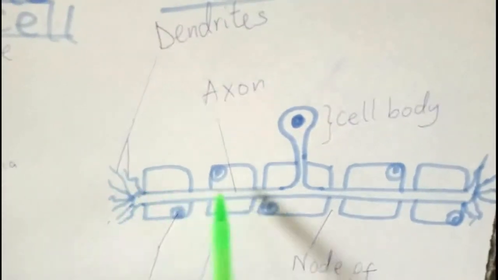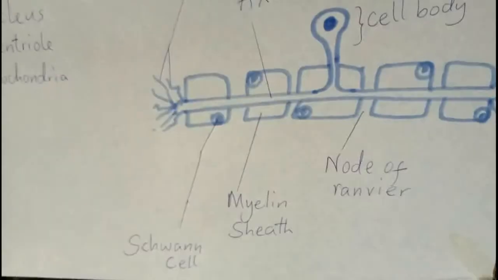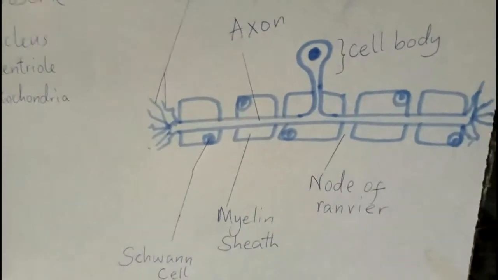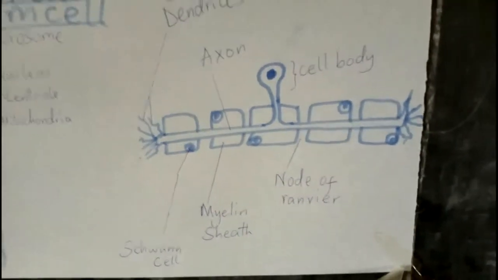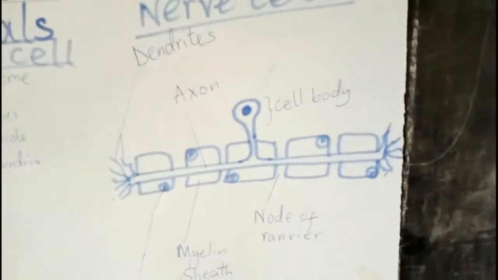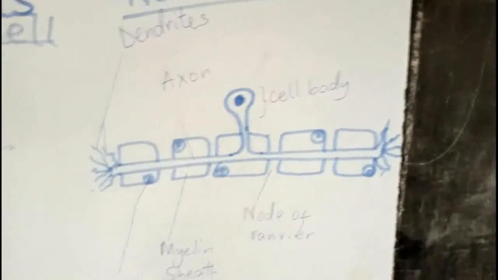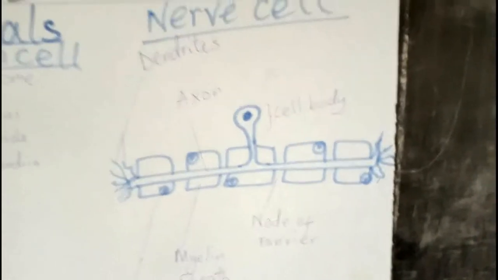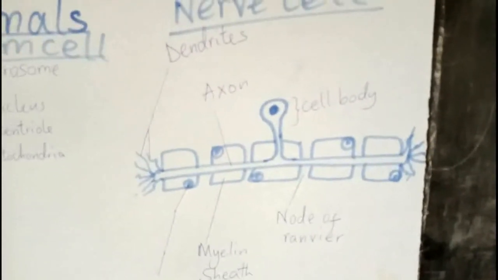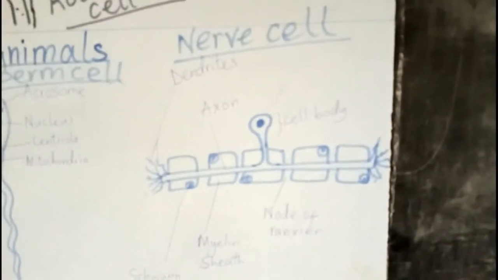It also comprises the axon, the Schwann cell, the myelin sheath, and the node of Ranvier. We may not need to talk about those parts because that is now meant for Form 4 work under the topic called support and coordination. But here, we just wanted to see how they look like, and these are just the examples of specialized cells.